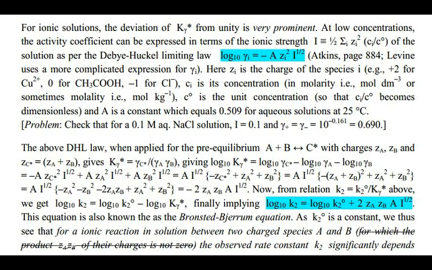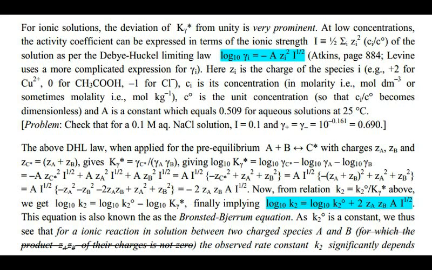Charge just means the +2 charge for calcium ion, or -2 charge for SO4 ion, -1 charge for Cl minus ion, that sort of thing. So I is equal to half into summation over all the ions of Zi square, the square of the charges, into Ci by C naught, where Ci is the molarity or molality of the ith ion.